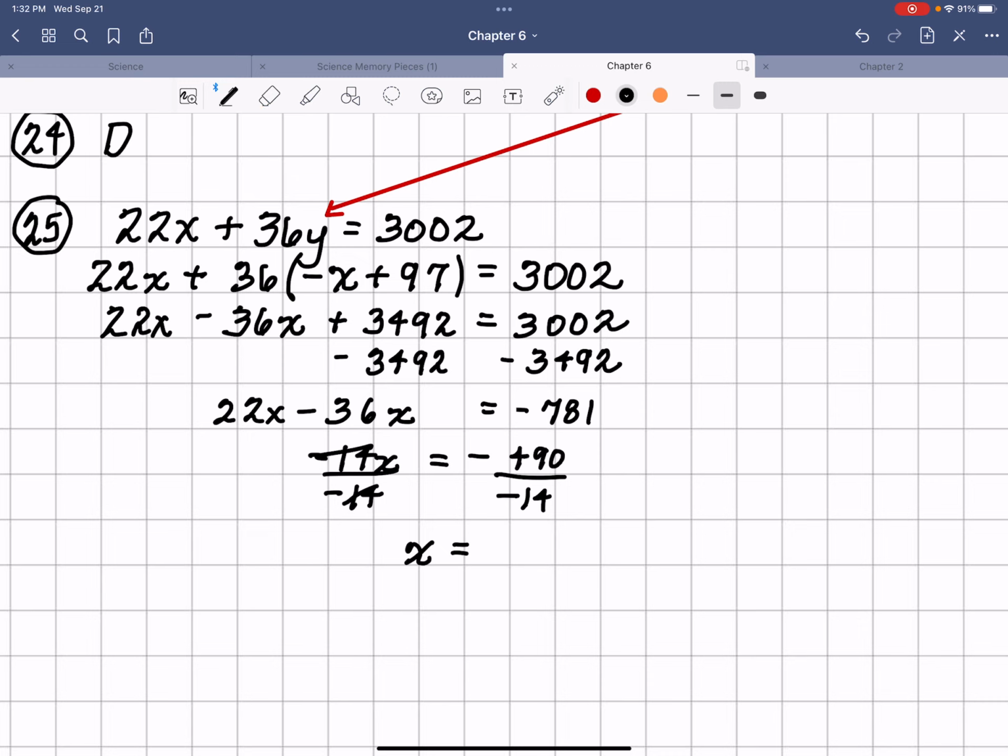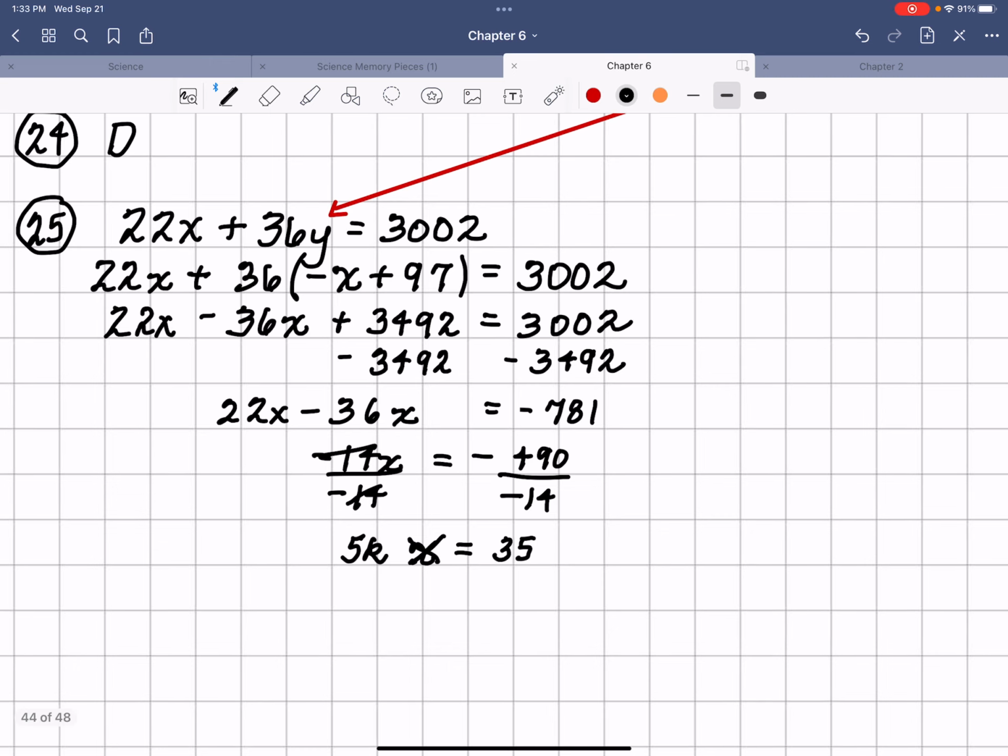Negative 490. And let me check over here to be sure I'm all right. Yes. So let's see if 490 divided by 14 comes out to be something normal, and it does. 35. And remember the x represented what? Your 5K runners. So there were 35 5K runners that paid entry fees.